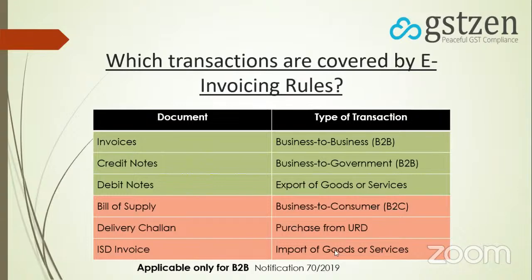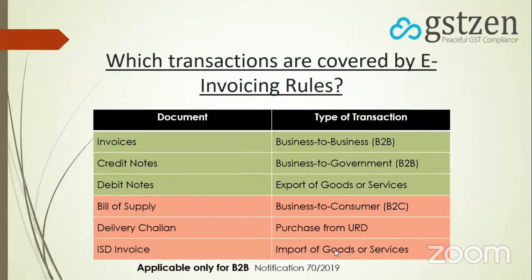So if you are supplying goods or services to a registered person, to a government, or exporting those goods and services, you have to generate e-invoice for an invoice, or if you are creating credit notes and debit notes against such parties as well. So it covers taxable supplies to businesses, government, exports, and it is applicable to invoices, credit notes, and debit notes.